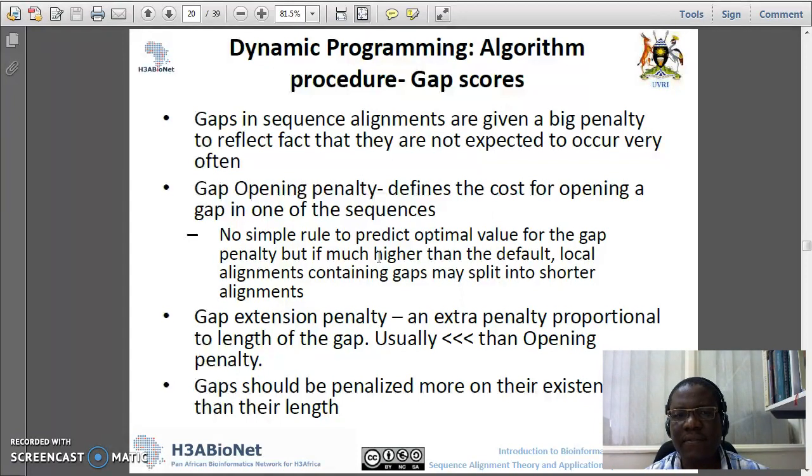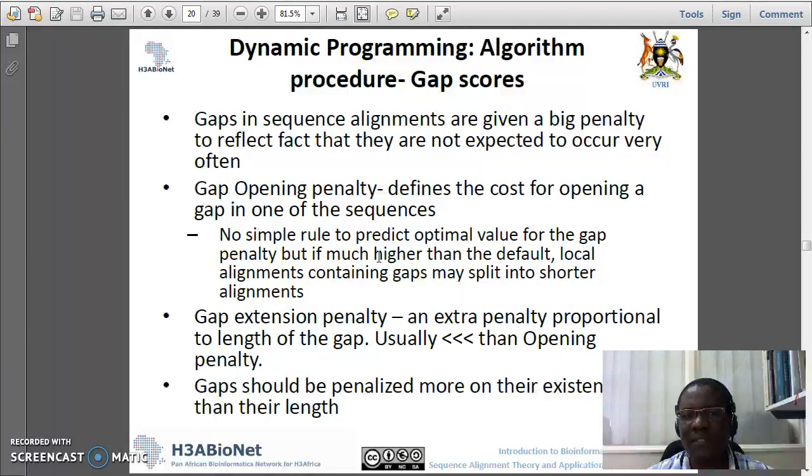Also, you can have a gap extension penalty that will factor in the proportion of the length of the gaps that has been introduced. But this one usually is much lower than the gap opening penalty, to the tune of maybe a tenth less. So that's a good ratio or good range to judge your gap opening and gap extension values.